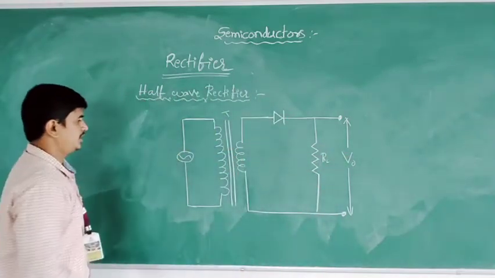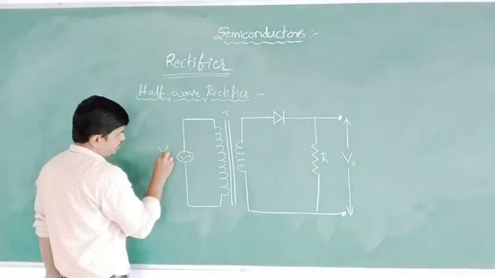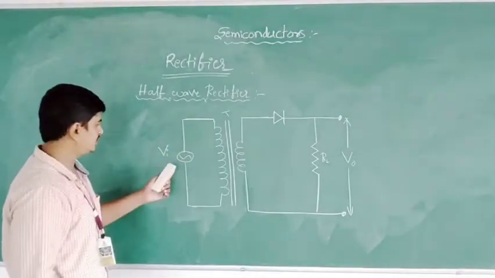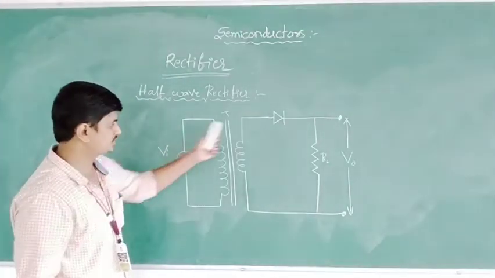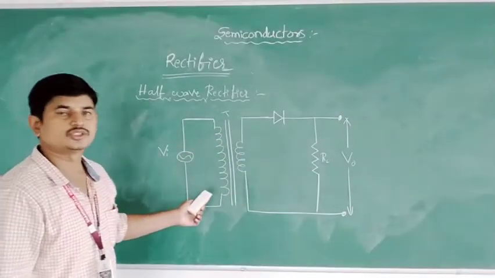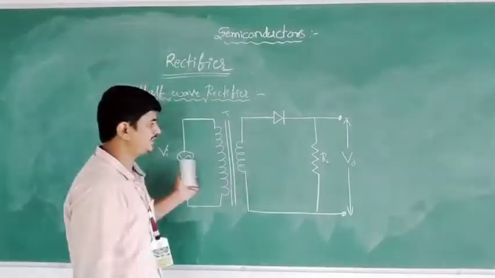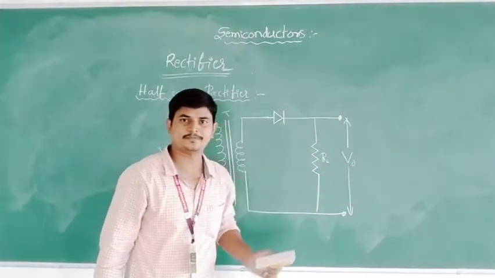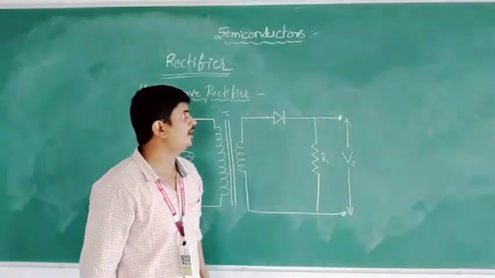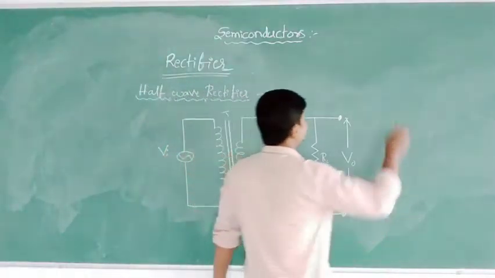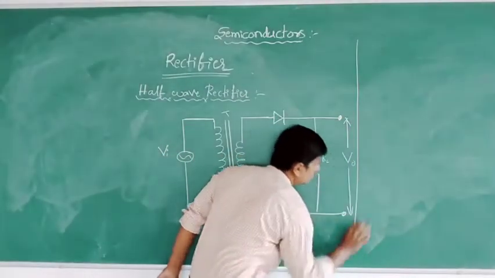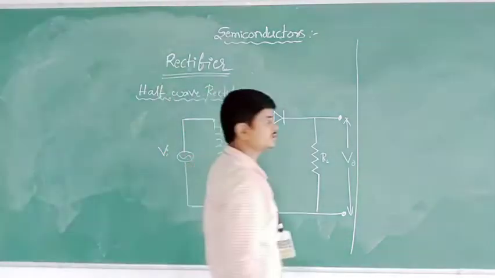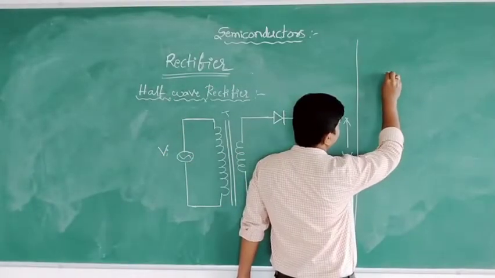Here the input voltage is given from the source. So this is a circuit diagram to convert alternating current into direct current. Then how about the waveforms? I can represent the waveforms here.